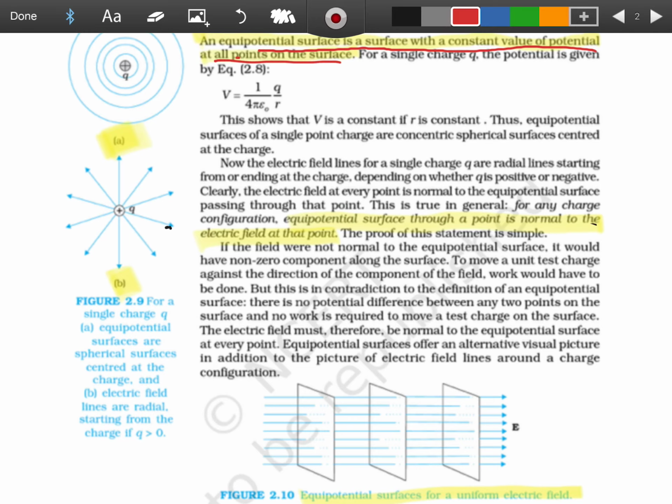From this we can understand that electric field is always perpendicular to the equipotential surface. Here we have an equipotential surface for a single charge, and this is the equipotential surface for a uniform electric field.